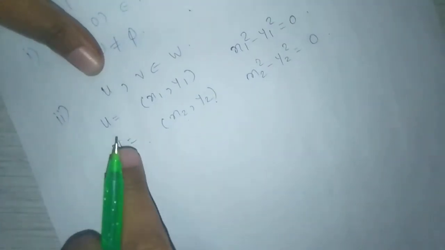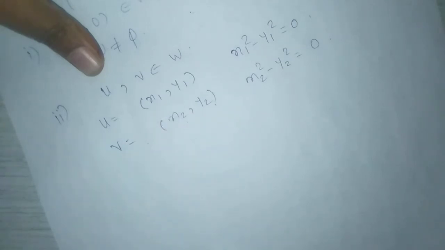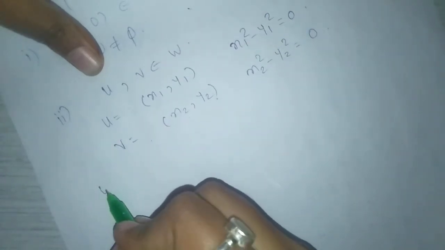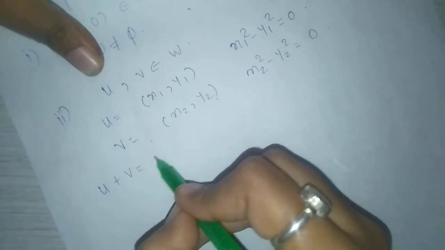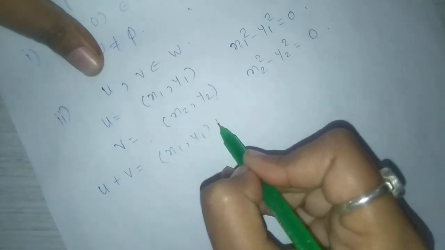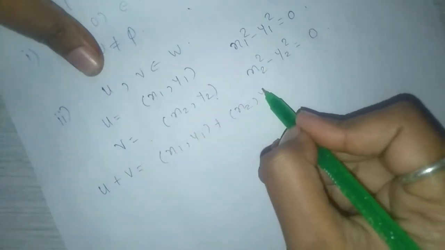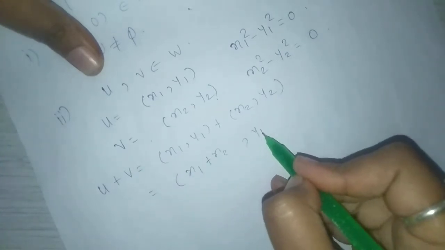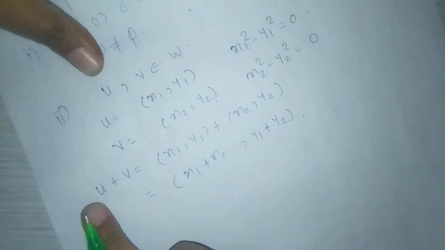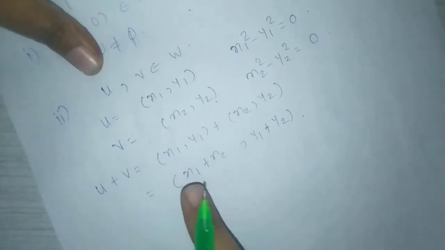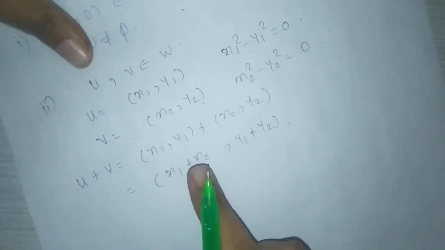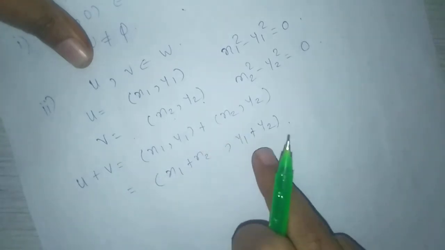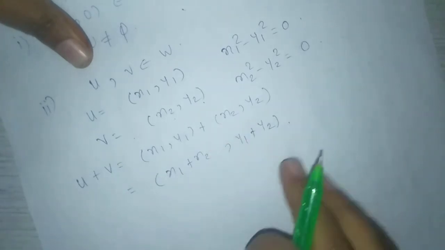Now to show that u plus v belongs to W, first write u plus v: u is (x1, y1) plus v (x2, y2) equal to (x1 plus x2, y1 plus y2). For u plus v belongs to W, that means (x1 plus x2) square minus (y1 plus y2) square equal to 0.